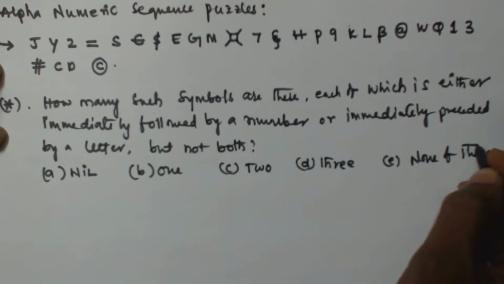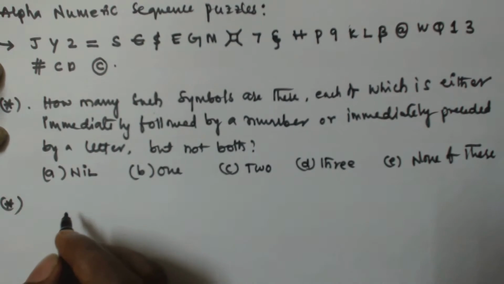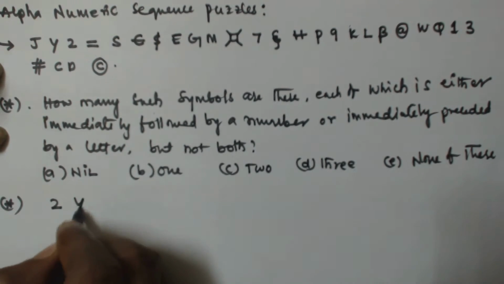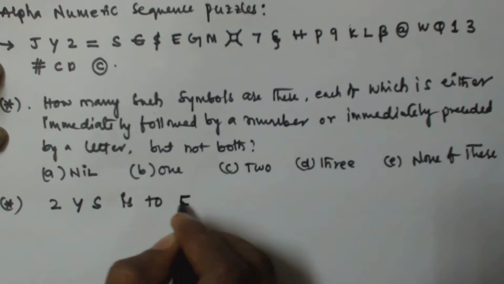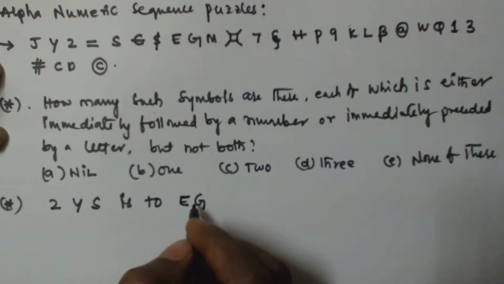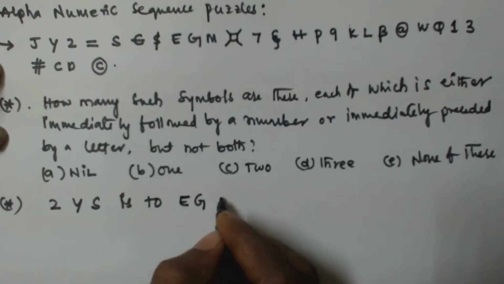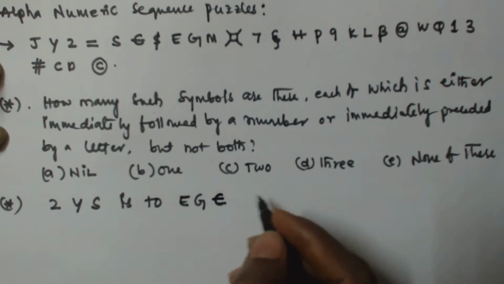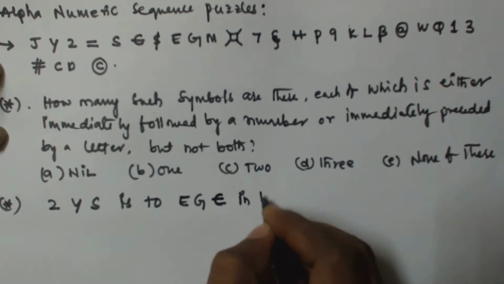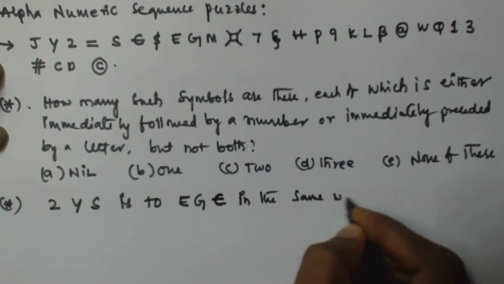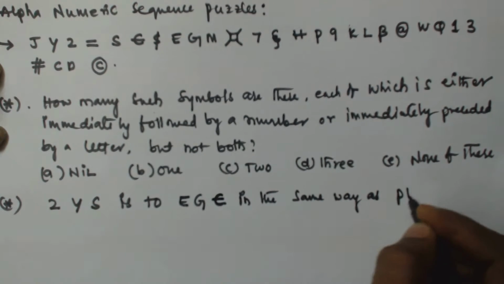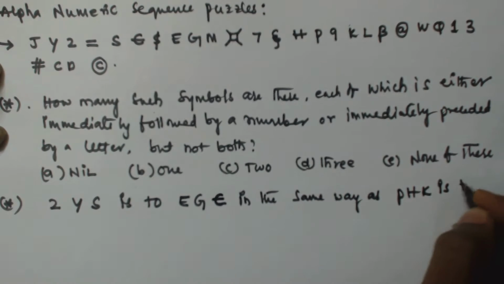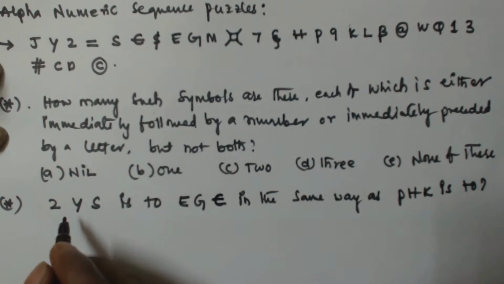So this is the first question, and the second question we have to solve is: 2Y(S) is to EG euro, in the same way as PHK is to what?